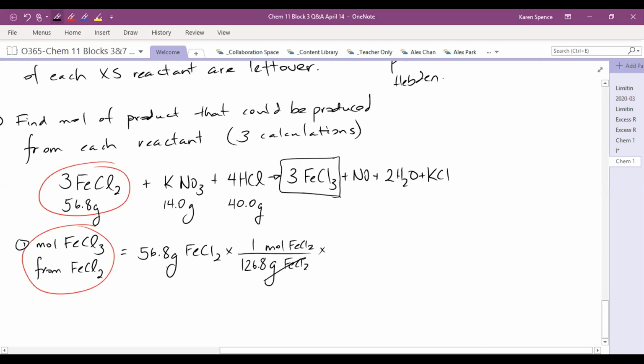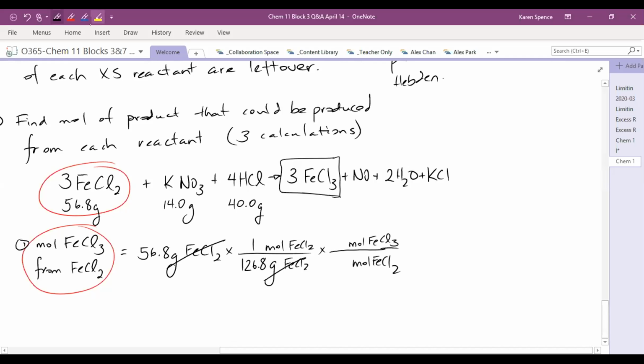Okay. Step number 2, remember step number 2 is almost always convert from moles of substance A to moles of substance B. So we're going to go from moles of FeCl2, cancel that, and find moles of FeCl3.